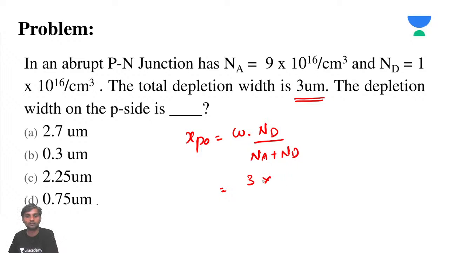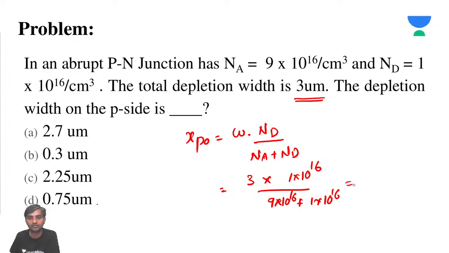3 into Nd, how much is Nd? Nd is 1 into 10 to the power of 16 by 9 into 10 to the power of 16 plus 1 into 10 to the power of 16. That is going to be 3 by 10, into 10 to the power of minus 6 anyway.